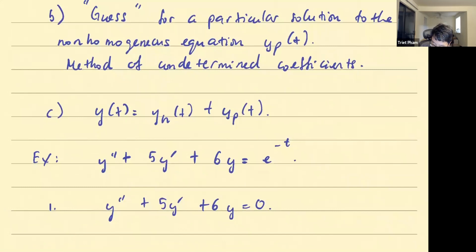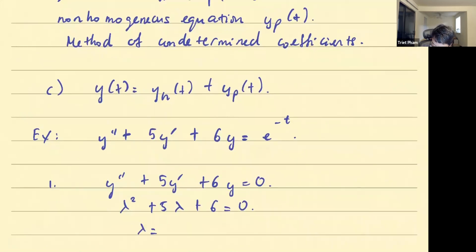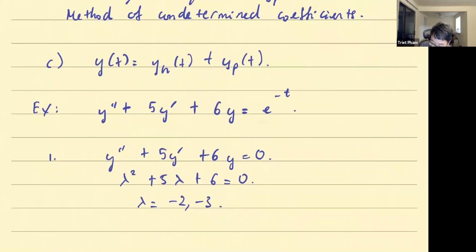Of course, you look at the characteristic equation, and easily you get lambda equals minus 2 and lambda equals minus 3 as solutions. And so your homogeneous solution will be C1 e to the minus 2t plus C2 e to the minus 3t. Is this okay?